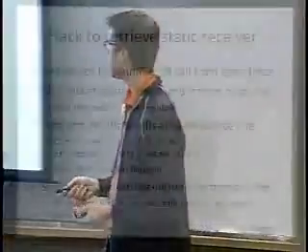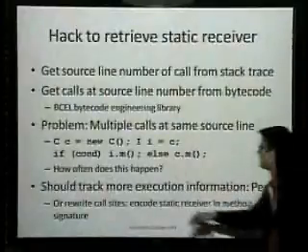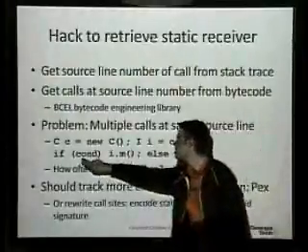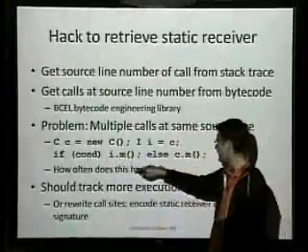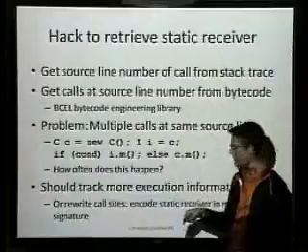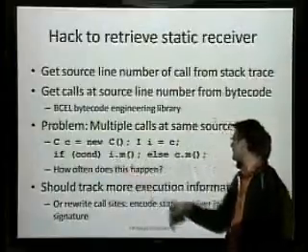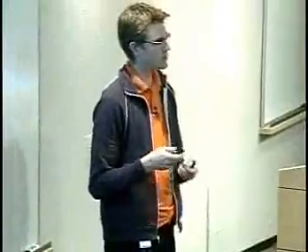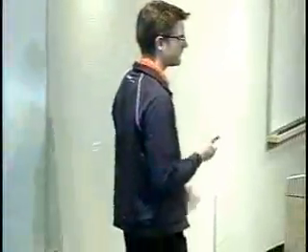Like in this example, we have this class C, which implements the interface I. And then we have one source line where there are two calls that both get dispatched to c.m, but one is against the static receiver I, and the other one is against the static receiver C. So without knowing the value of cond, we cannot really decide from which call site we made that call, unless we have more execution information during the tracing, and PEX would be one way to get that information.